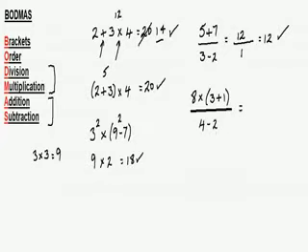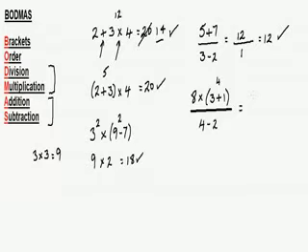Now on this top line we have multiplication, but we have brackets, so we must do the brackets first. So 3 plus 1 is 4. So now what we've got is 8 times 4.